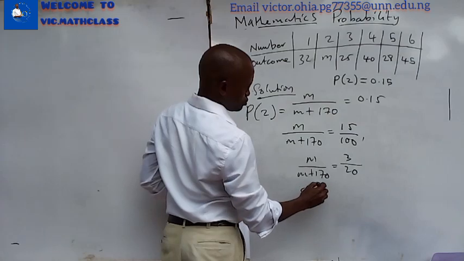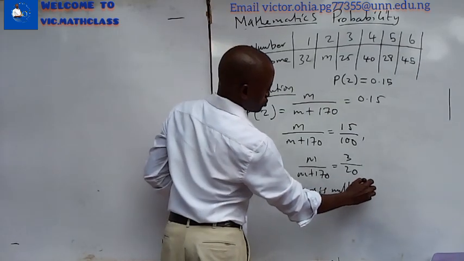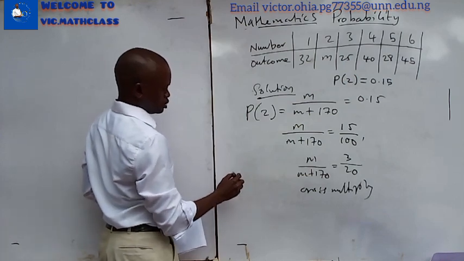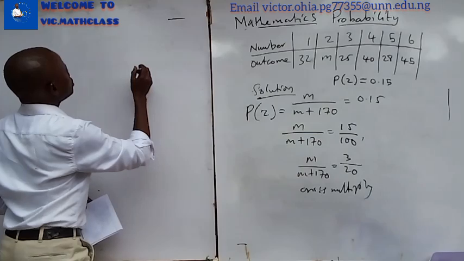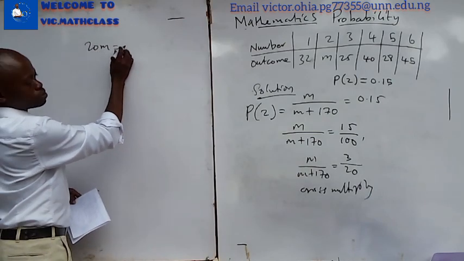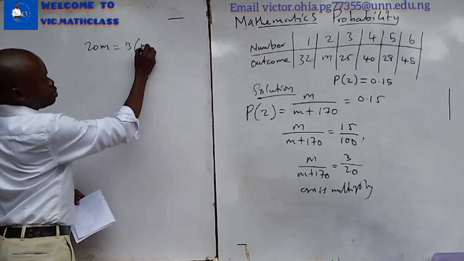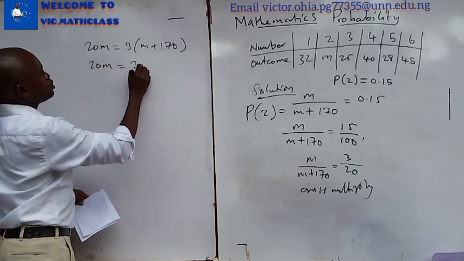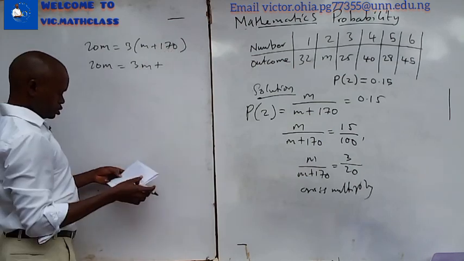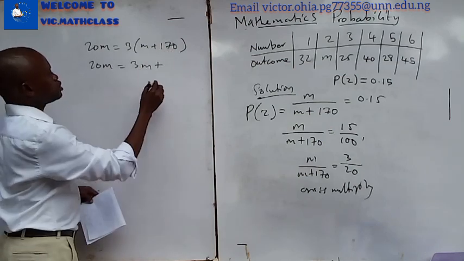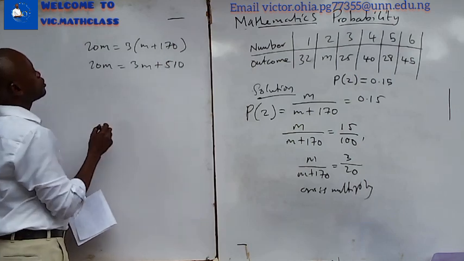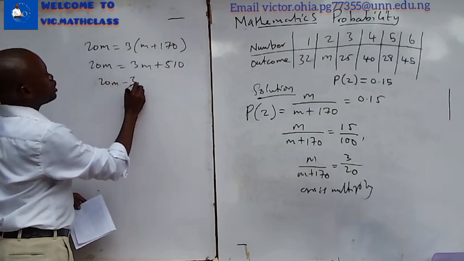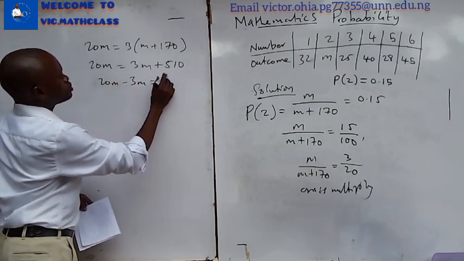If we cross multiply, we have 20m equals 3 bracket m plus 170, so 20m equals 3m plus 3 times 170, which gives 510. Collecting like terms, 20m minus 3m equals 510.